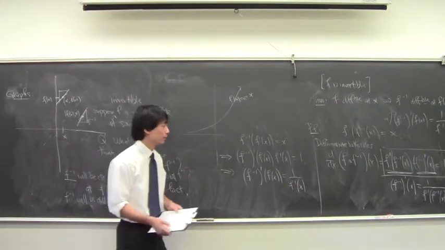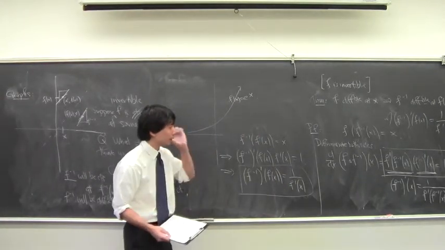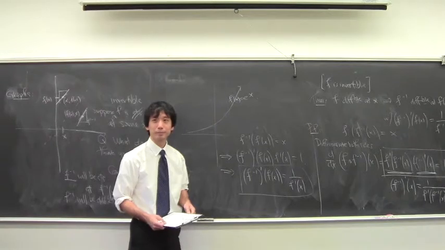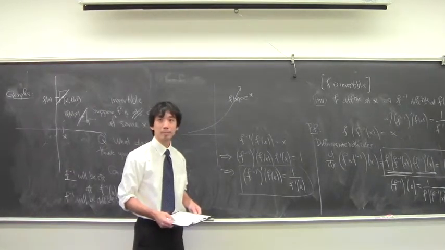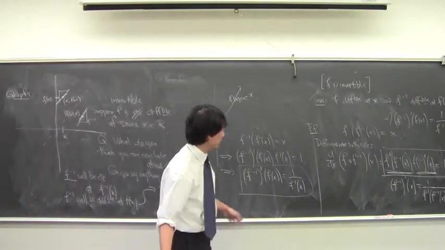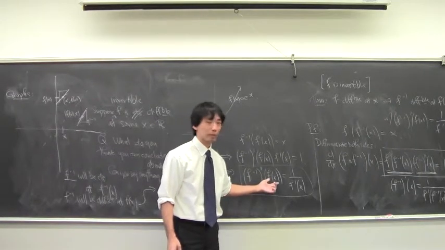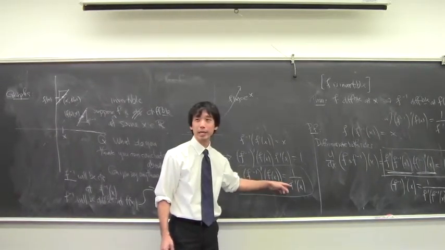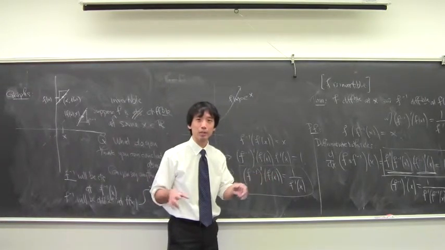Okay, so you have these two formulas. They're basically the same formula. But this tells you the relation between the derivative of the inverse function and the derivative of the original function, that when evaluated at the appropriate points, you get numbers that are reciprocal to each other.